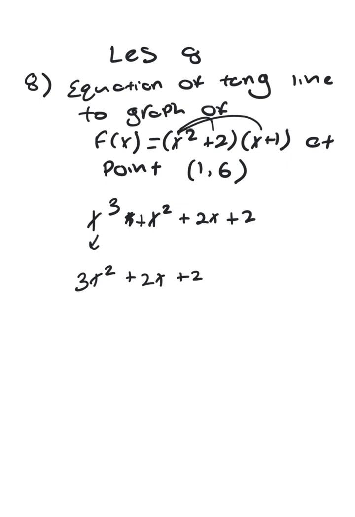The way I like to think about it is you take the exponent, you multiply it by the variable, and then you take away 1 from the exponent. Then we plug in our 1, and finally we find out that the slope is equal to 7.